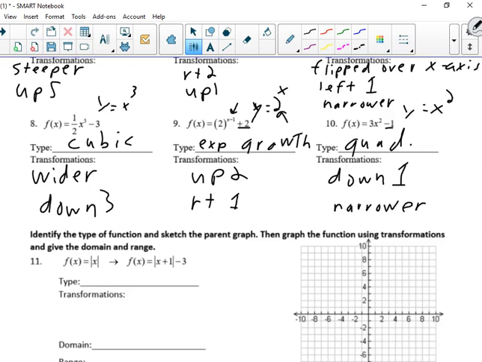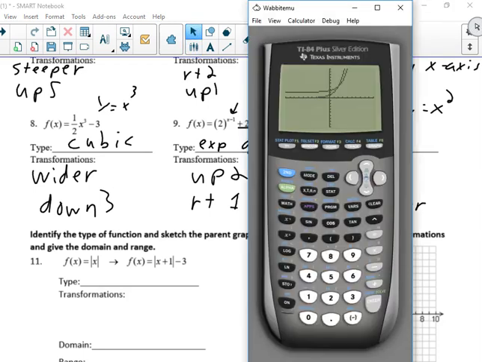But again, if you need to, come back here, clear out. We already know what x squared looks like, but I'm going to put it anyway. Come down here and clear this out. And I'm going to have 3x squared minus 1. Get graph. Here's my original parabola. And here's my narrower, thinner one, and down 1.